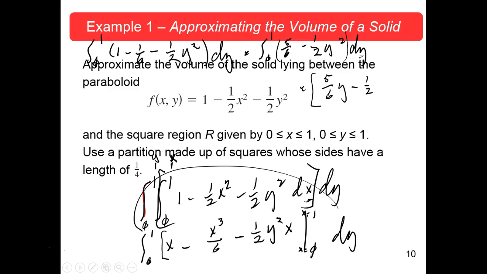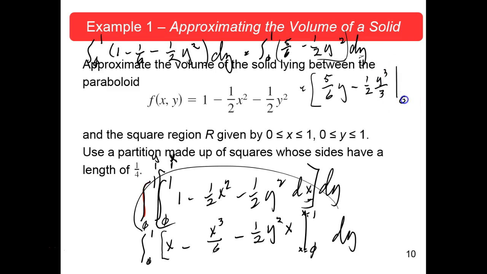Minus 1/2 times what you get here. Antiderivative of y squared. Anybody? y cubed over 3. That's when I saw that. I said, how do we get a 12 there before?